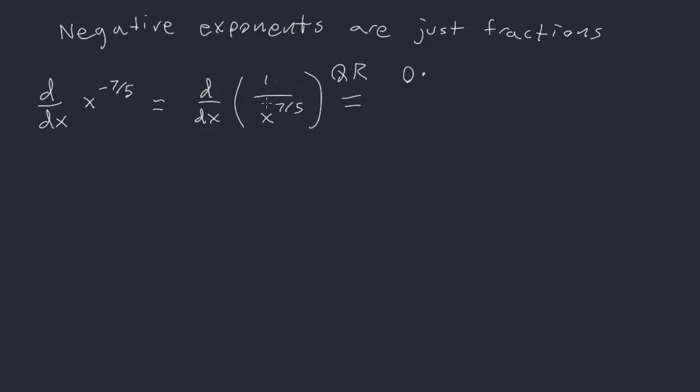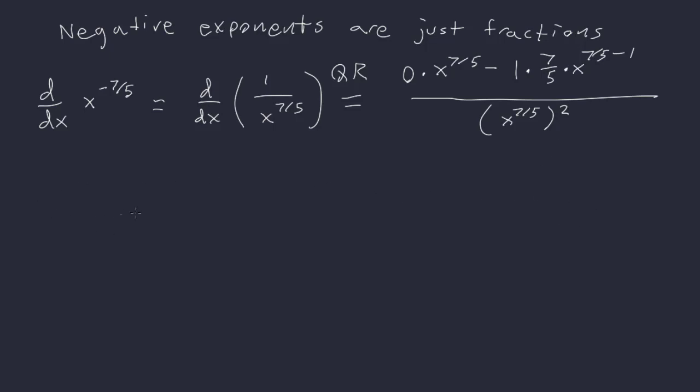Well, the derivative of the top is just 0 times the bottom left alone minus the top left alone times the derivative of the bottom, which now we can apply the power rule, which will be 7/5 times x to the 7/5 minus 1 all over the denominator squared.